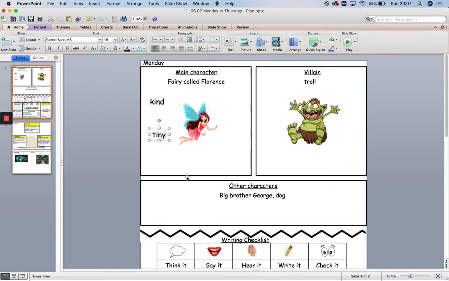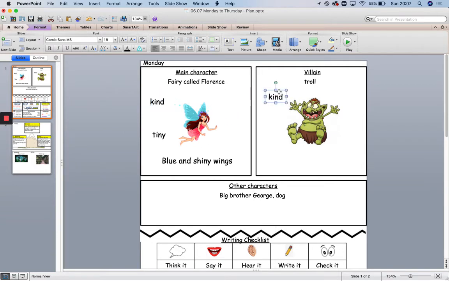I'm going to stick with tiny. I like that as a word. She is going to have, I might say something about her wings. I might say blue and shiny wings. They have to be shiny because she's a fairy.